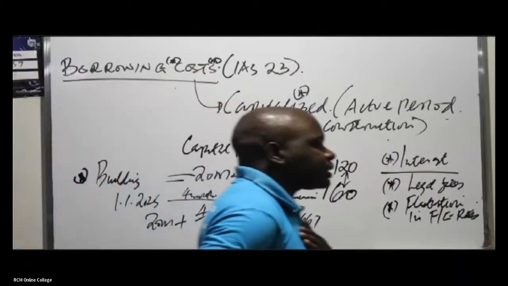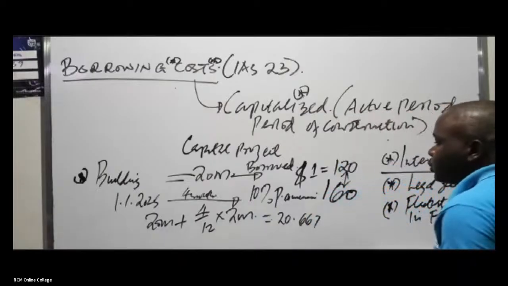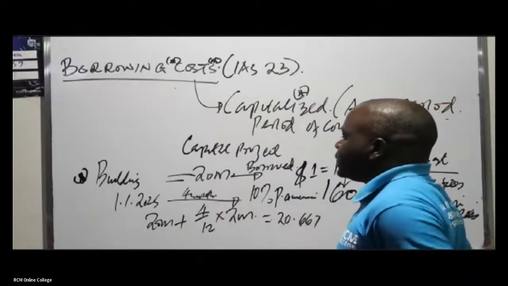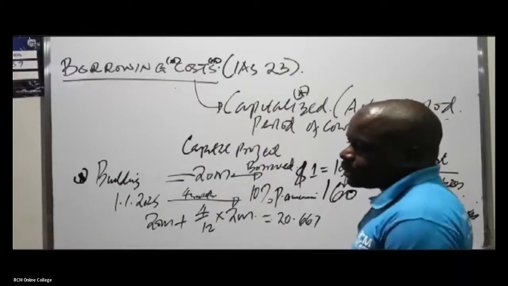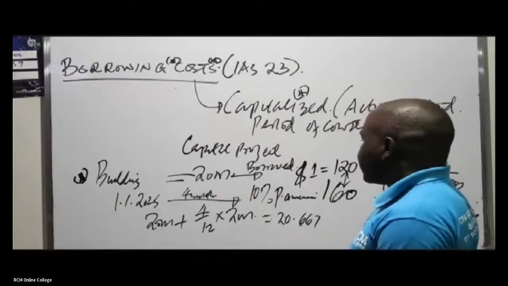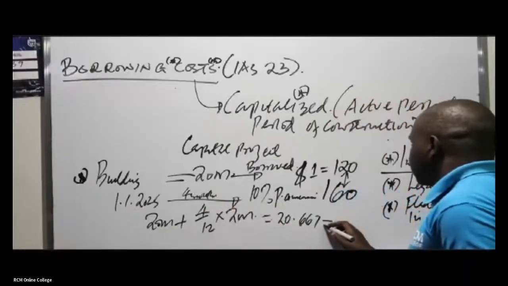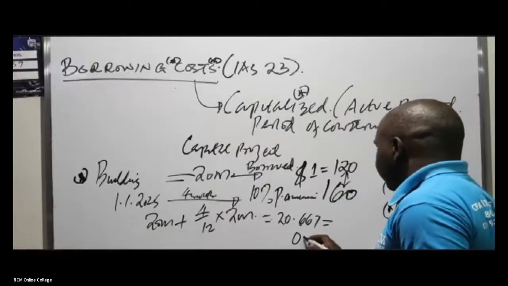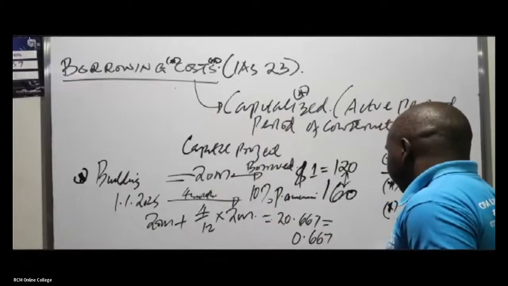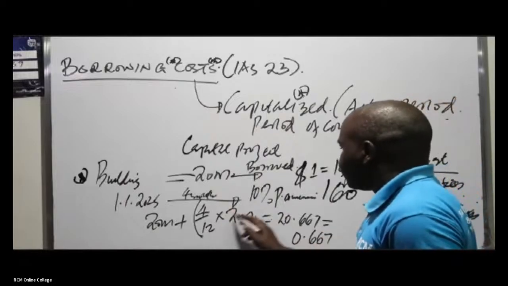Sometimes you might borrow this amount, 20 million, but you don't need it immediately. So of course, during the active period of construction, you've been able to incur 0.667, because this is the interest you incur.